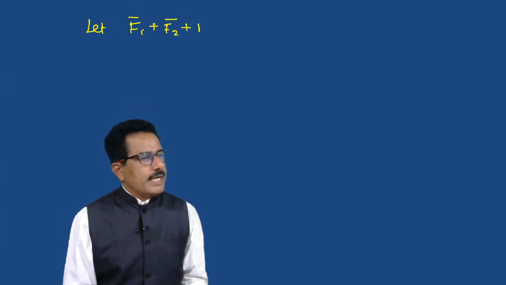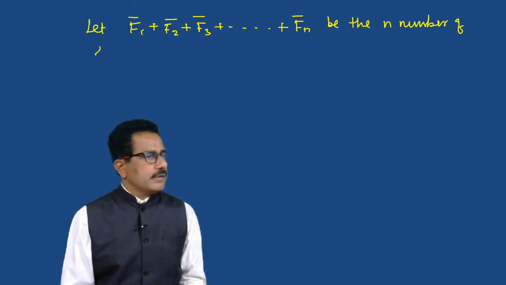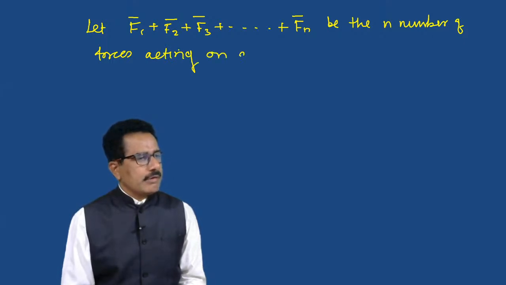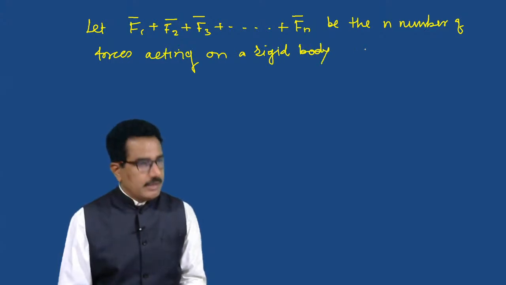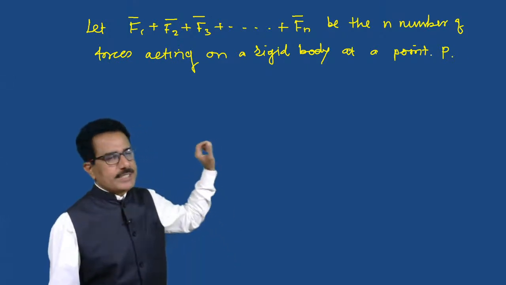Let F1 bar, F2 bar, F3 bar, dot dot dot, Fn bar be the n number of forces acting on a rigid body at a point, suppose P. Okay, this is the first statement.